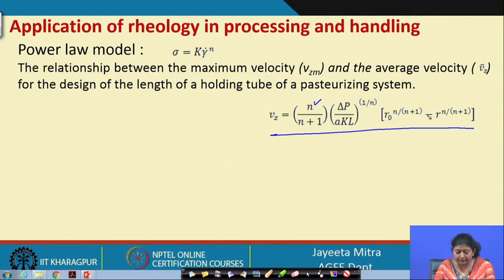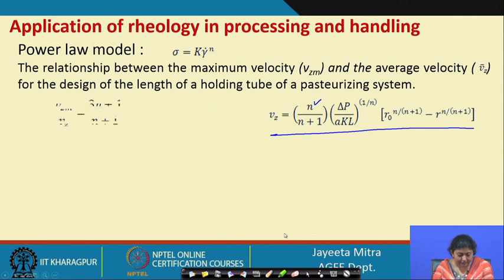For any distance, if you want to calculate the Vz, we can do that, and from this we can also get the expression of average velocity, averaging over the whole cross sectional area, and the maximum velocity. So, maximum will be at the center. So, maximum velocity we can calculate by calculating the Vz at r equal to 0.